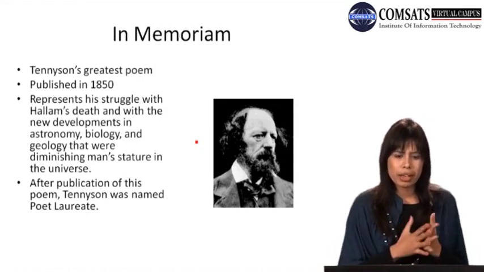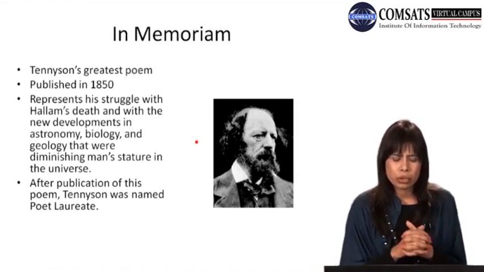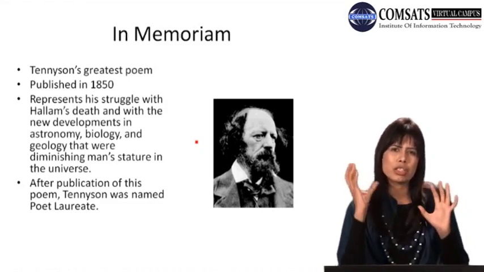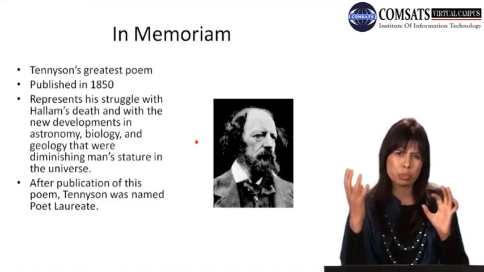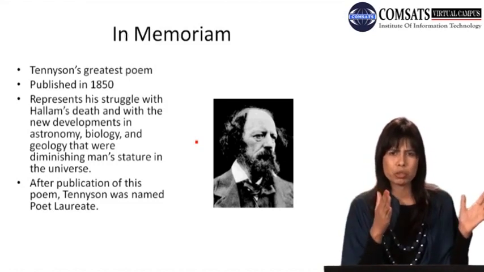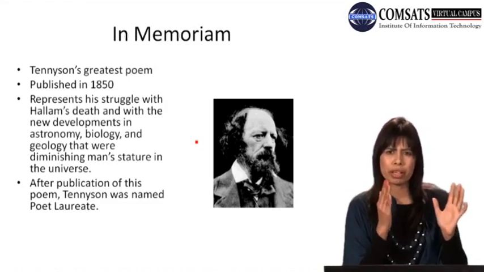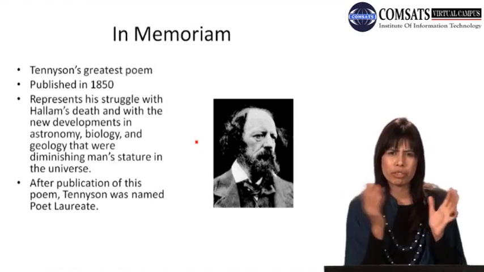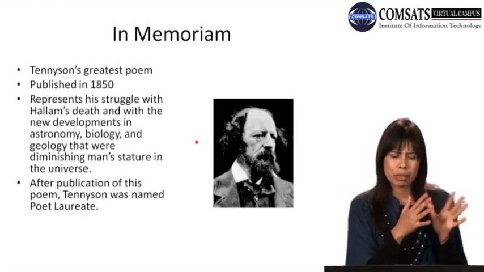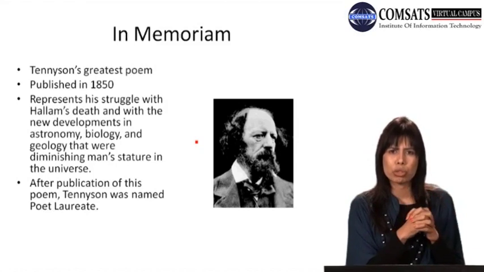So basically in this poem you could see it is based on his experience, a very bitter experience of his life: his best friend's death and the struggle for life during his lifetime. And it is also about astronomy, biology and geology.